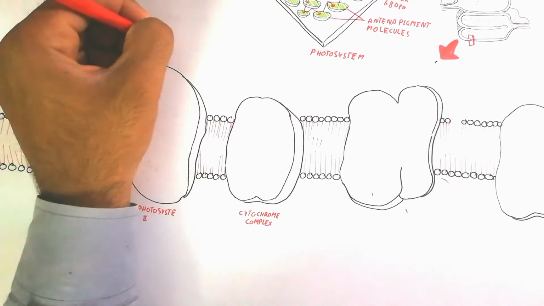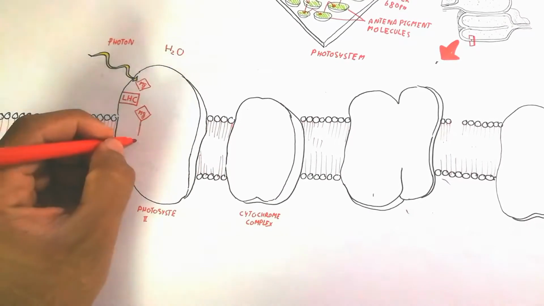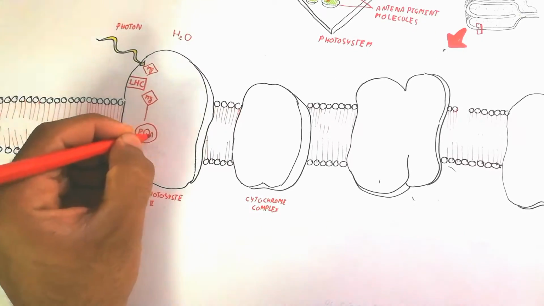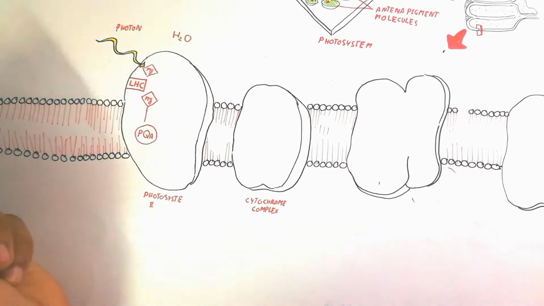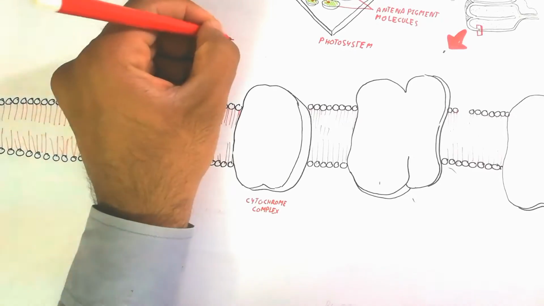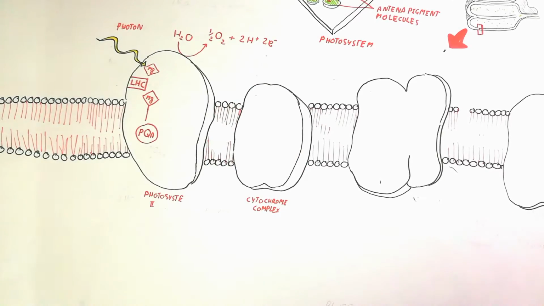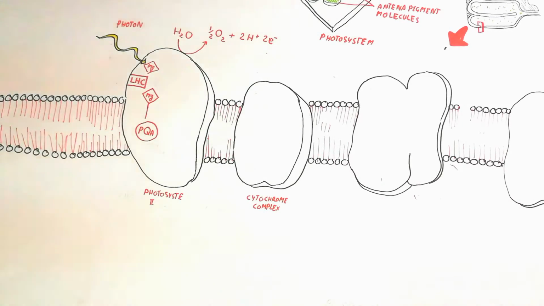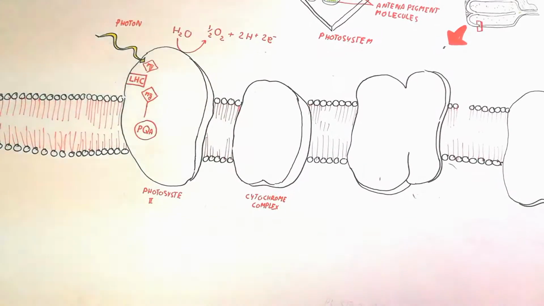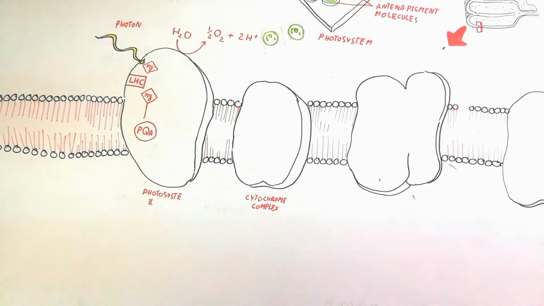Water will be hydrolyzed into 2 electrons and 2 protons as well as an oxygen molecule. One molecule of oxygen, O2, is responsible for the hydrolysis of 2 water molecules, so it means it's a half.